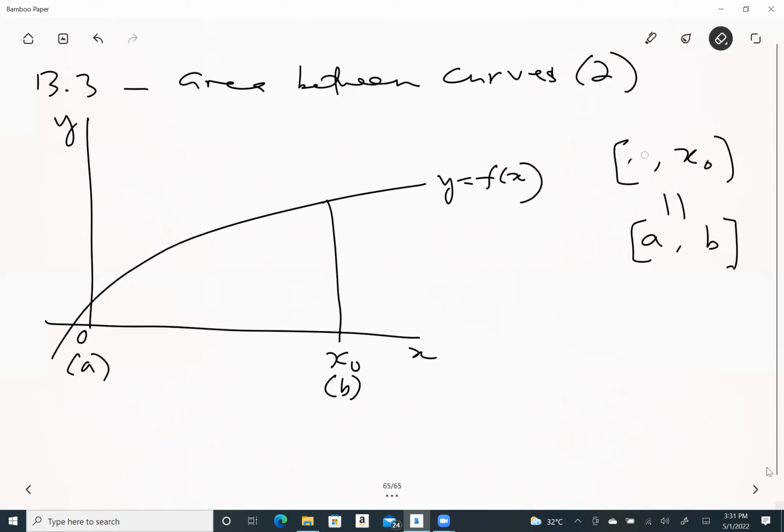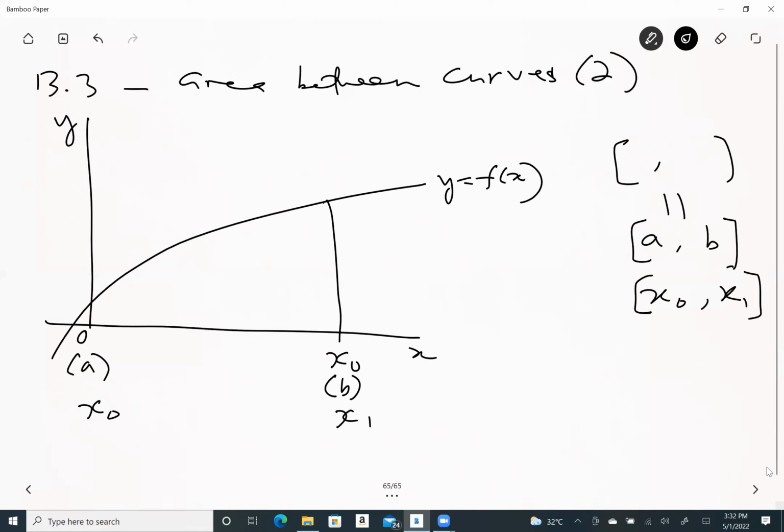The book uses x0 to x1, or A, B. So sama je lah.